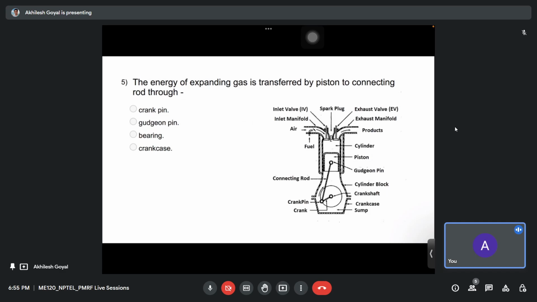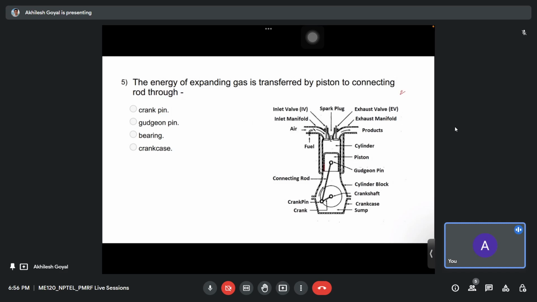The next one is, the energy of expanding gas is transferred by piston to connecting rod through. Okay, so what happens in the engine is, gas expands, these put pressure on the piston, and because of this the piston moves in the downward direction, and this downward direction and the pressure is transferred to the connecting rod.